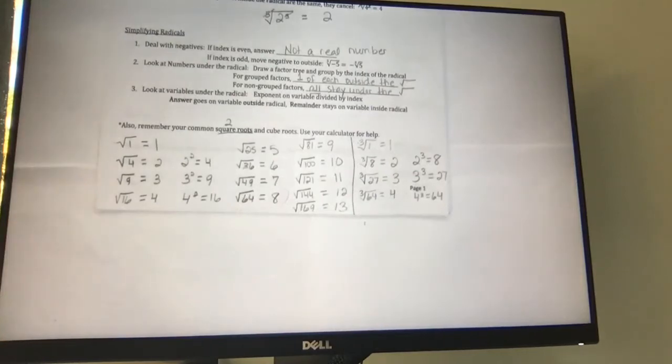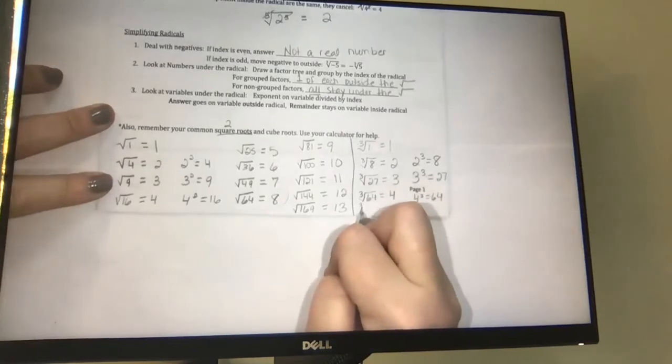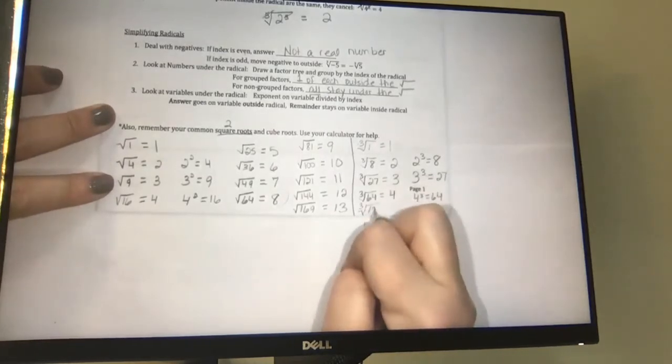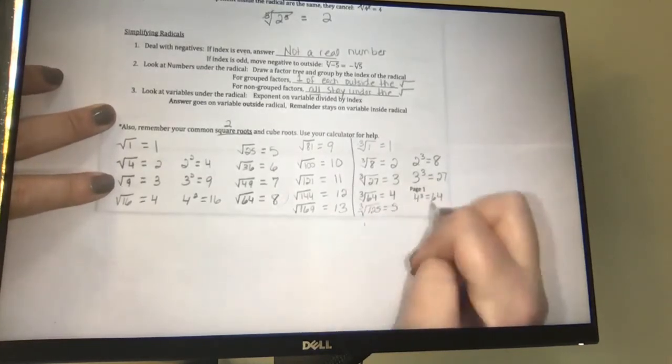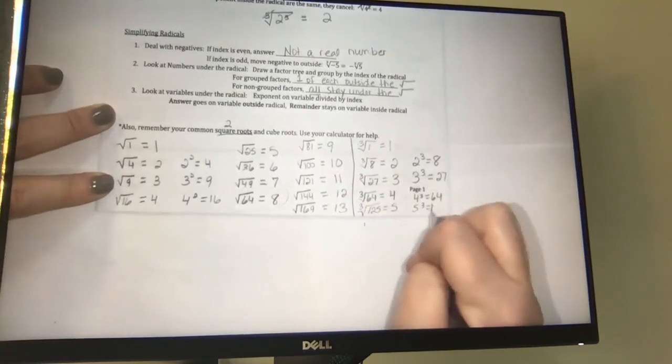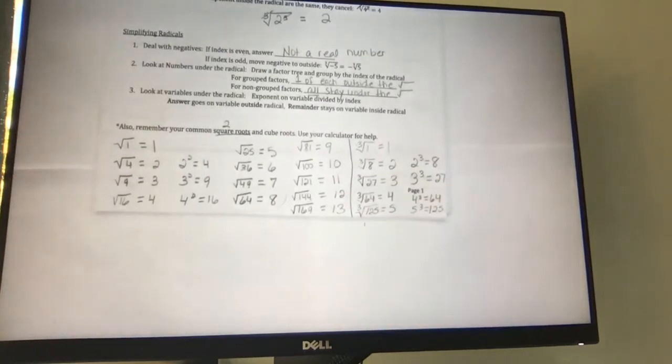Just a little math fun fact for you, if you want to know. So a lot of times students will see 64 under a radical and they'll automatically put 8, but check your index because it could be the cubed root. In that case, it's 4. All right, and then the last one that comes up a lot is the cubed root of 125, which is 5, because 5 cubed equals 125, okay?